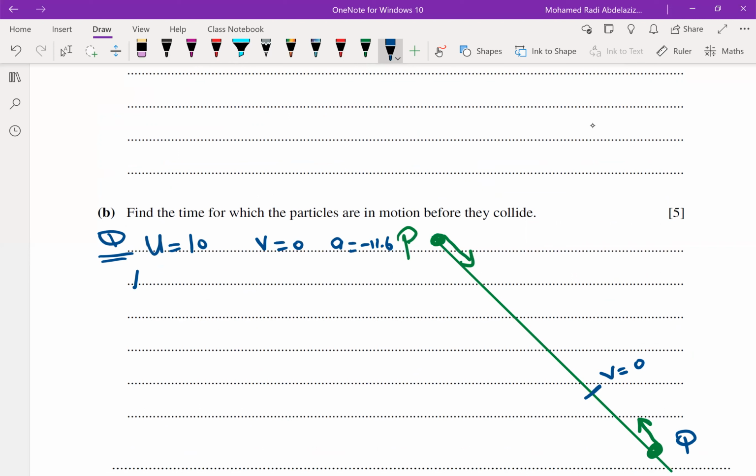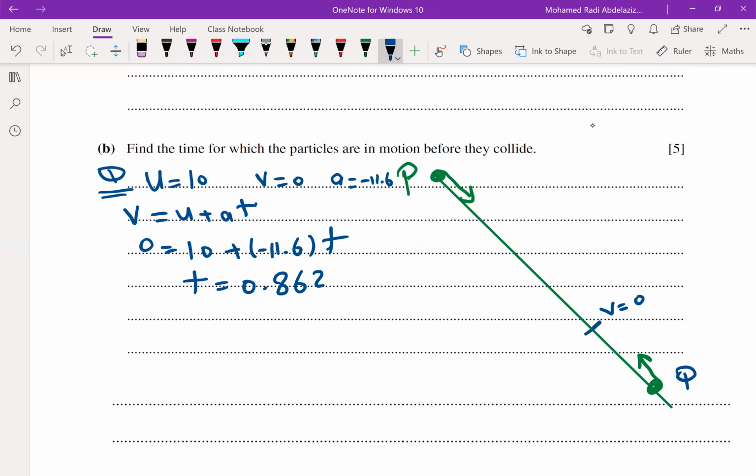Using v equals u plus at, 0 equals 10 plus negative 11.6 times t. You can find the value of t. t is 10 divided by 11.6, so the answer will be 0.862. Also find the distance covered by particle Q.